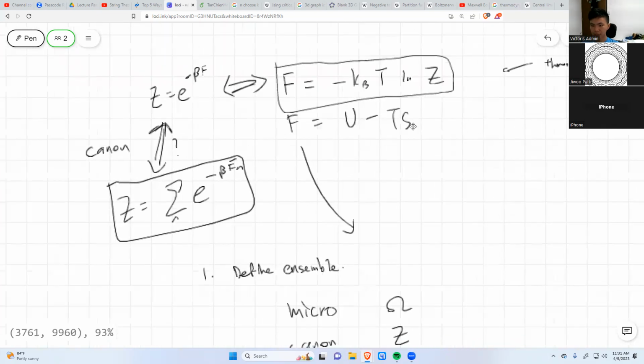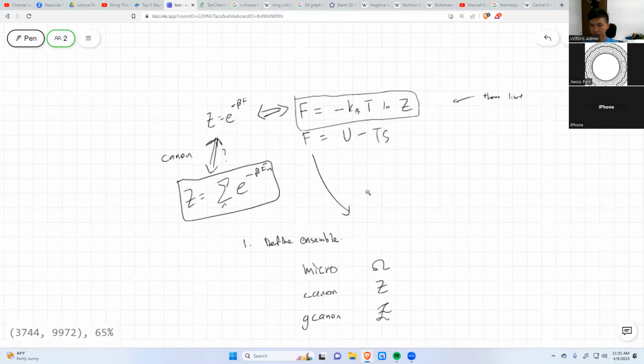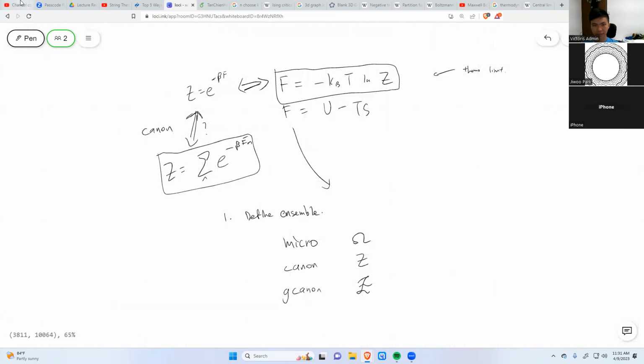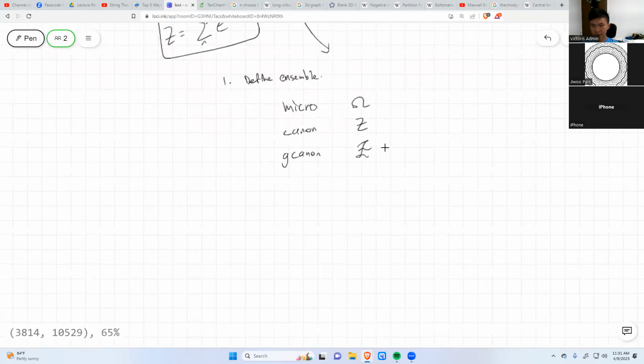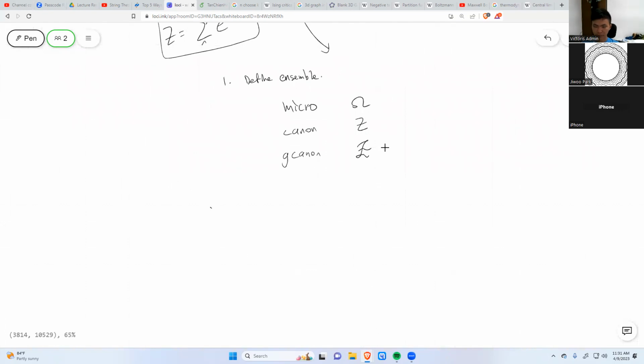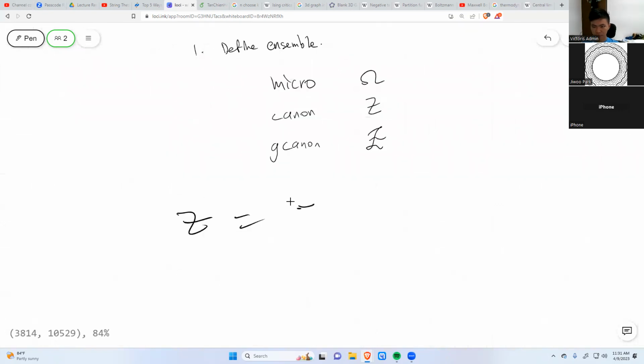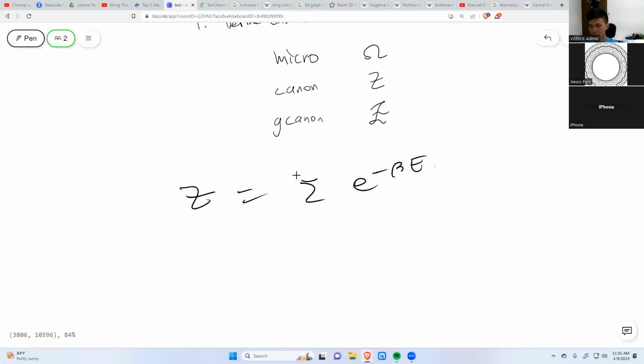Okay, I see. Let me actually do a derivation of something. I think I know what you're wanting. I'm just going to write something below that. If you have Z, it's basically the sum of e to the minus beta E_i.